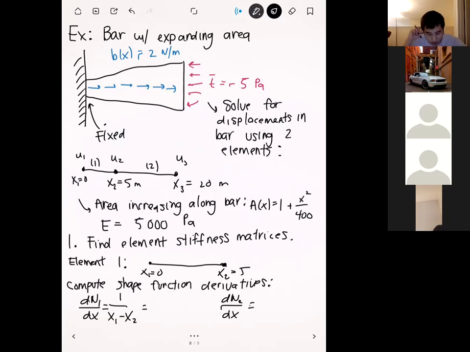To find this derivative, all we have to do is take the difference between the coordinate for x1 and the coordinate for x2. What we get from this is 1 over 0 minus 5, and so this is equal to minus 1 over 5.